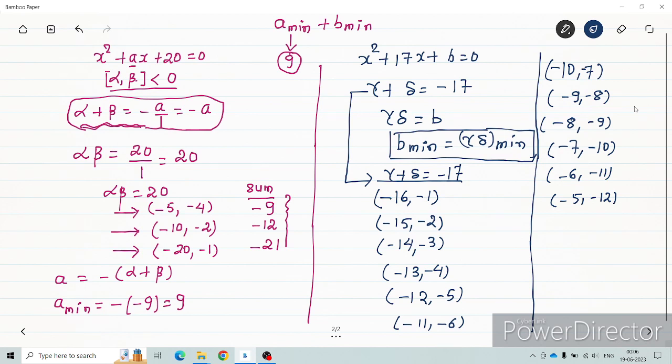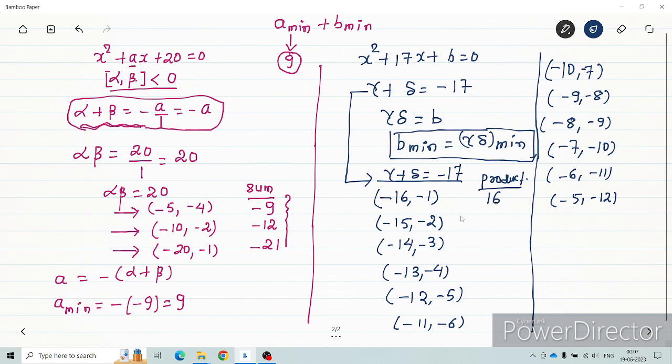So let us take the product of the possible combinations. Minus 16 and minus 1 is one possible combination. If we take the product of these two roots, we will find 16.